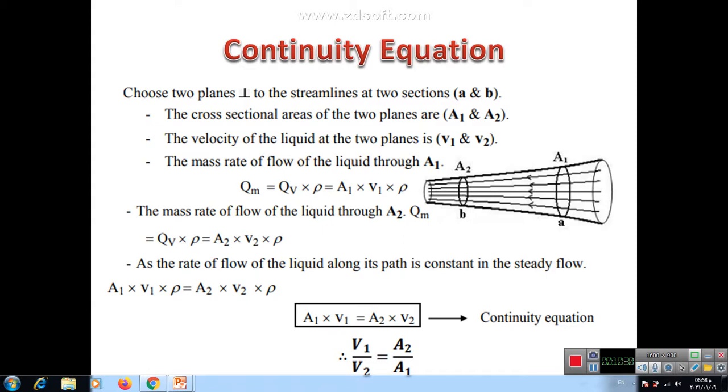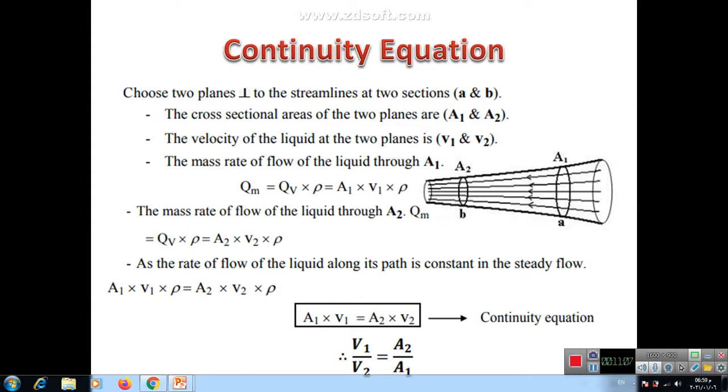Imagine a tube carrying a fluid that flows steadily, and we have A1 at point A and A2 at point B. The cross-sectional areas of the two planes are A1 and A2. The velocity of the liquid at the two planes is V1 and V2. Here we have V1 and here we have V2.